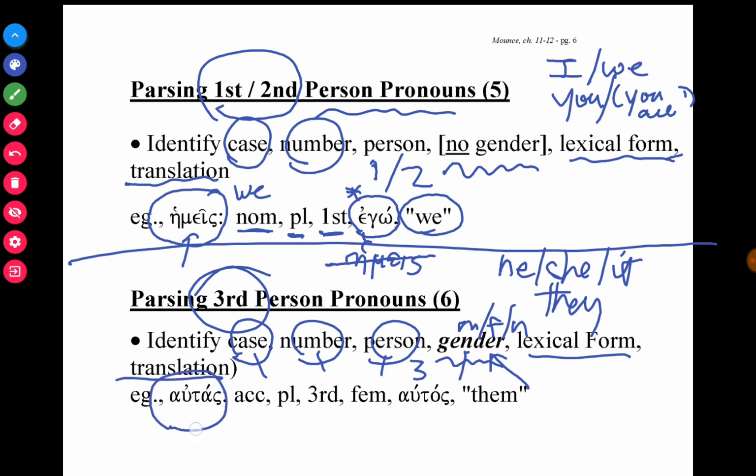So let's look at aŭtos, this example. Notice that it has a feminine accusative plural ending. So this is autas, is accusative, it's plural, it's a third person pronoun, and it's clearly feminine.